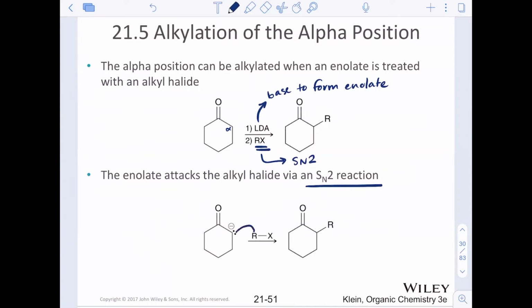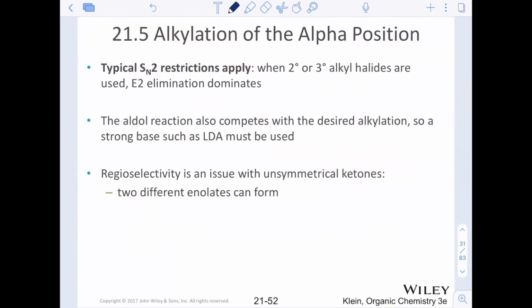Now, backside attack, kick out the leaving group. Be very, very careful with those R groups. Typical restrictions of the SN2. Remember, primaries and methyl alkyl halides are amazing at SN2 reactions. Once you get to secondary or tertiary alkyl halides reacting with a strong base and strong nucleophile, E2 elimination reactions dominate.